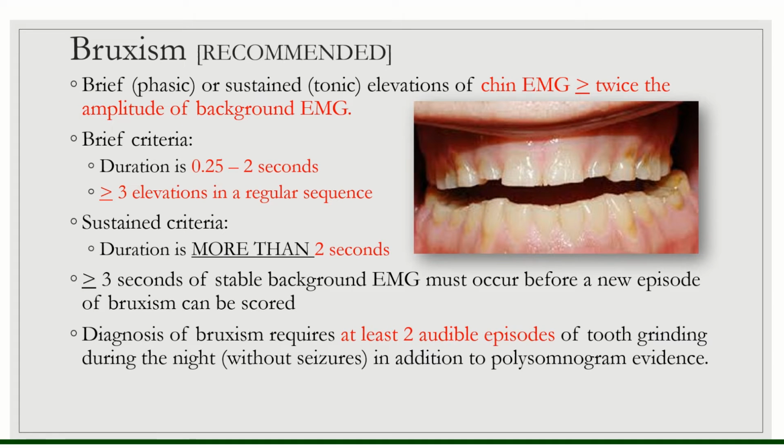All right, so in order to score a sustained bruxism, the duration is more than 2 seconds. It has to be more than 2 seconds, and once again, let me say that, at least 3 seconds of stable background EMG must occur before a new episode of bruxism can be scored. The diagnosis of bruxism, regardless of whether you're doing brief or sustained bruxism, requires at least 2 audible episodes.